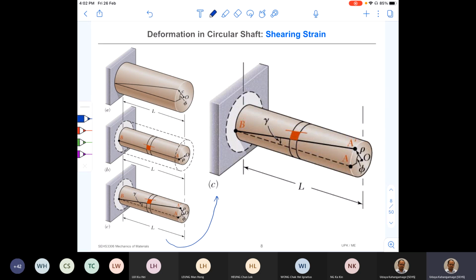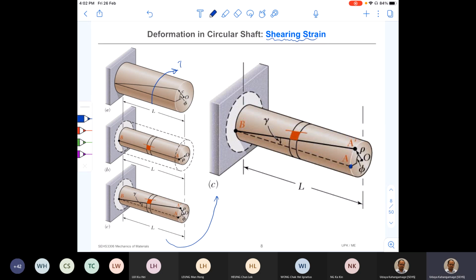Right. So once I apply the torque T, the shaft has now been twisted, and I'm now considering the inner core with radius rho. So my purpose is to find an expression for shearing strain. Therefore, I need to look at the deformation.